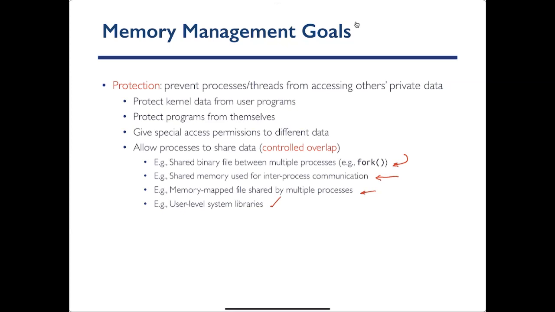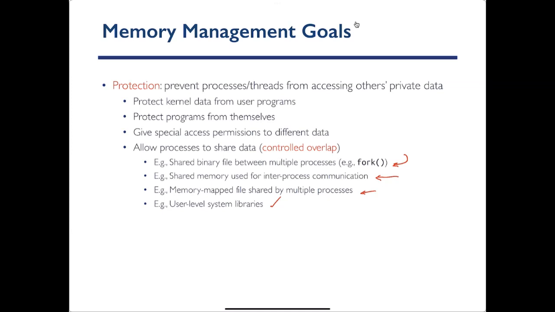You usually have the same copy in memory and then you map that same library into different processes' virtual memory. And this way, all of them are sharing the same physical memory to use the library without making multiple copies of the same library.